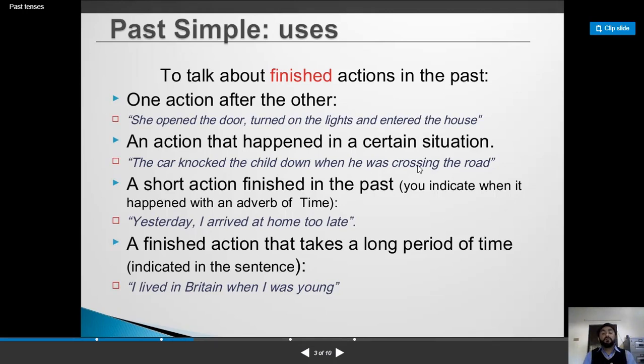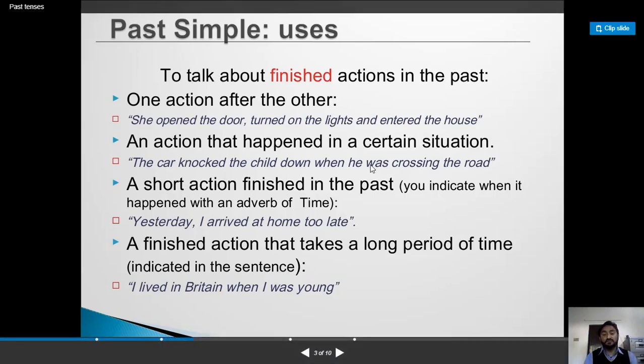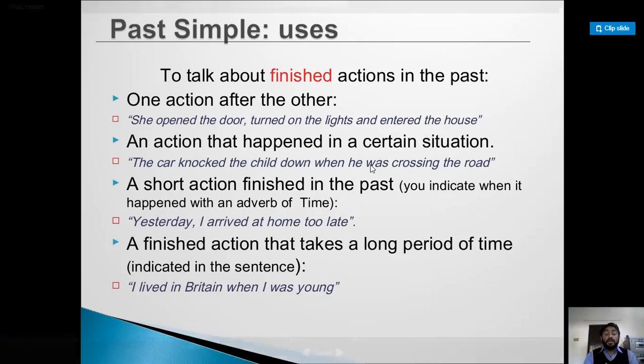When something was happening, the other action happened. So the boy was crossing the road. Then what happened with him? The car knocked the child. So something was happening first, and during that action, another action happened.